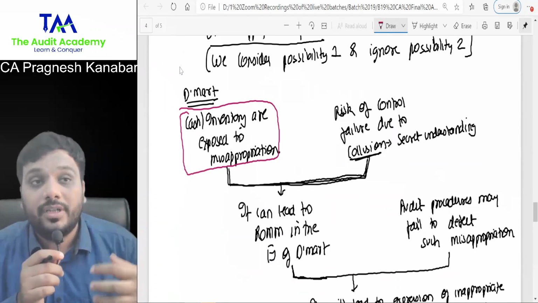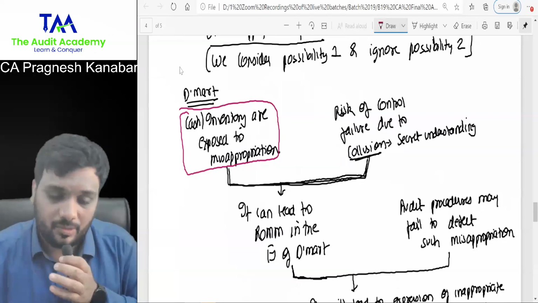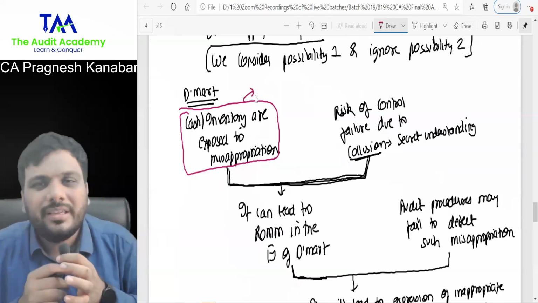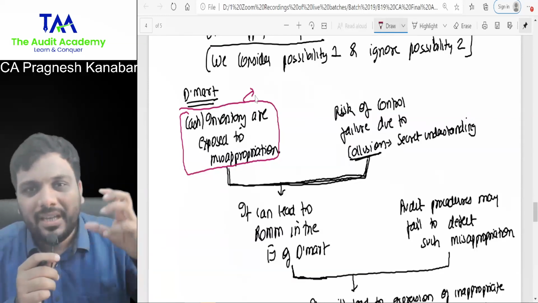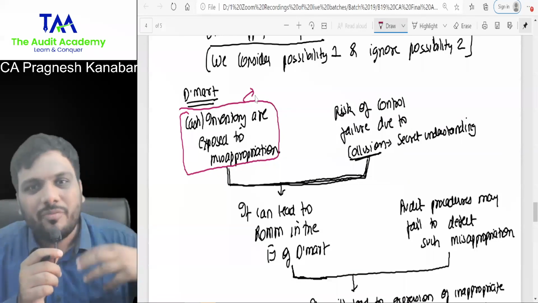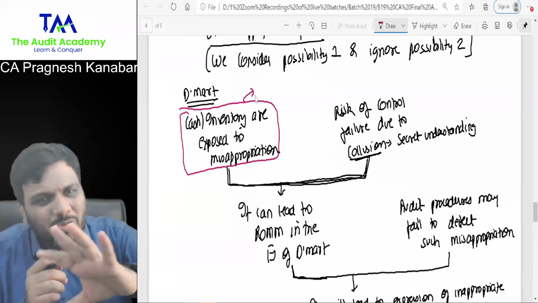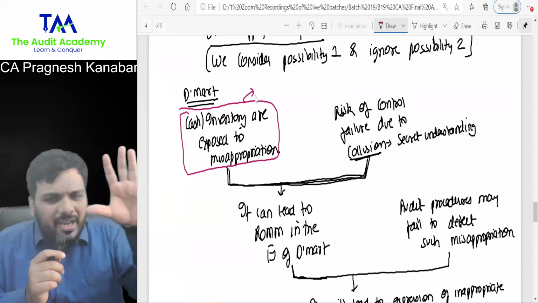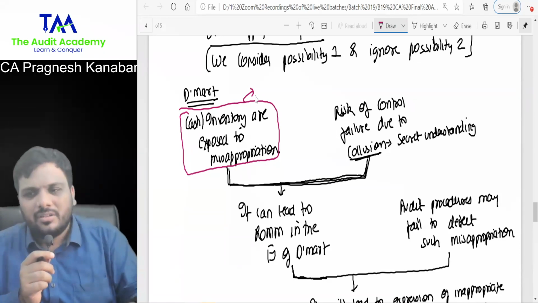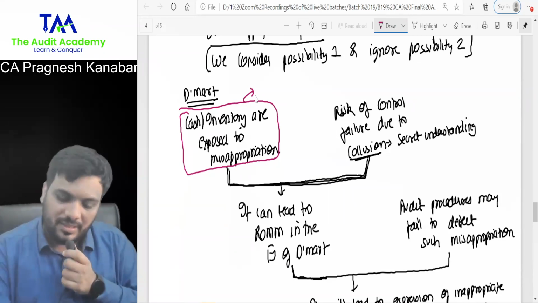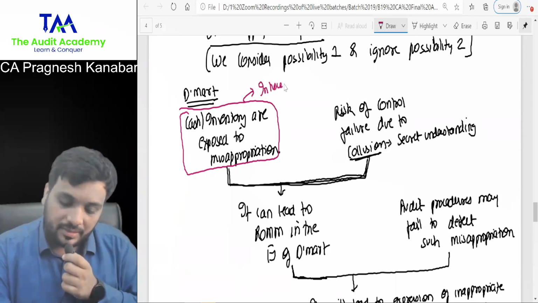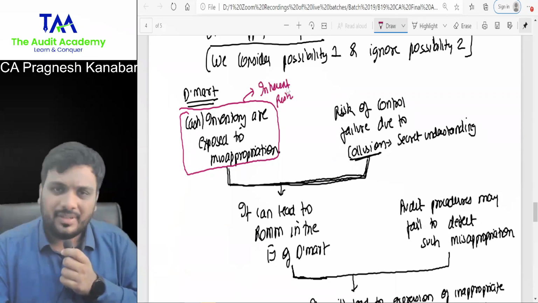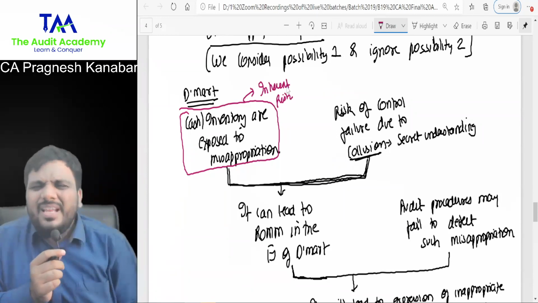I'm talking about what can go wrong in the transactions, balances, and disclosures. Now, can you eliminate the cash and inventory risk of misappropriation in the case of DMart? Can you completely eliminate that risk? Can you bring it to zero? Can anyone on Mother Earth bring it to zero? No, sir. So this is nothing but what? Inherent risk. It just comes with the business.